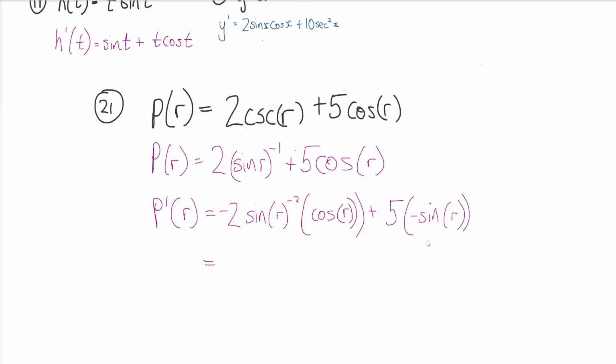So let's just simplify here. What do we get? Negative 2 cos of r over sine squared r, plus, or minus rather, 5 sine r.